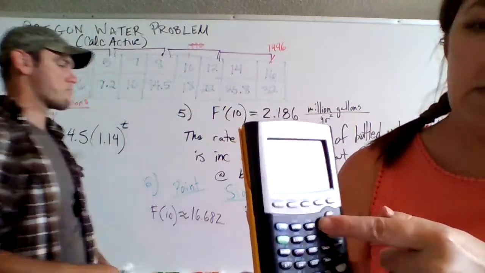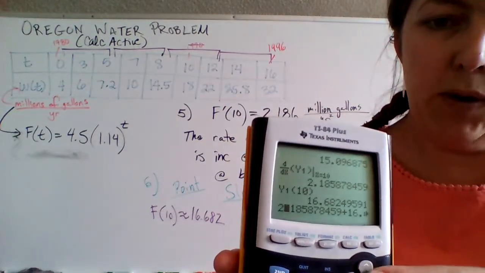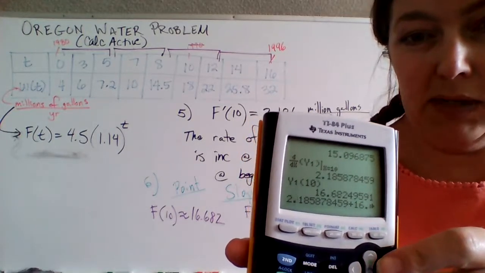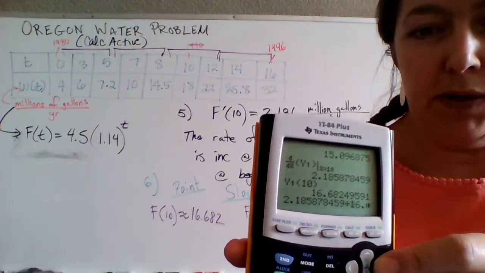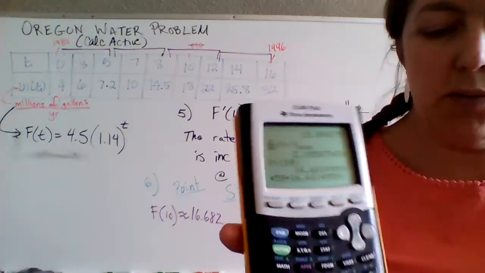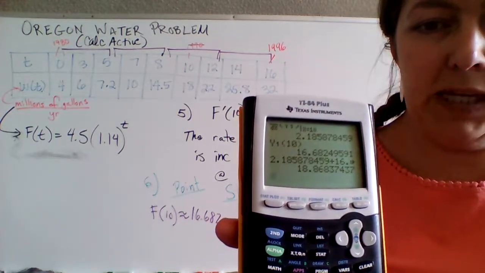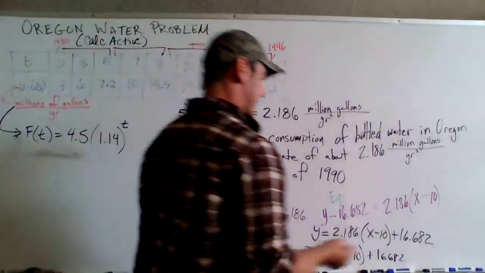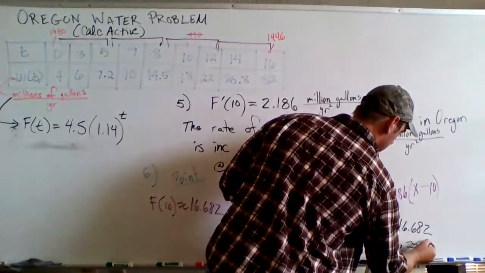Just to not introduce any rounding error, I pulled down that 2.18 with all the digits. Since it was just being multiplied by 1, you don't need anything, and I added the previous answer of the 16 point with all its digits, no rounding error, and we got approximately 18.868.